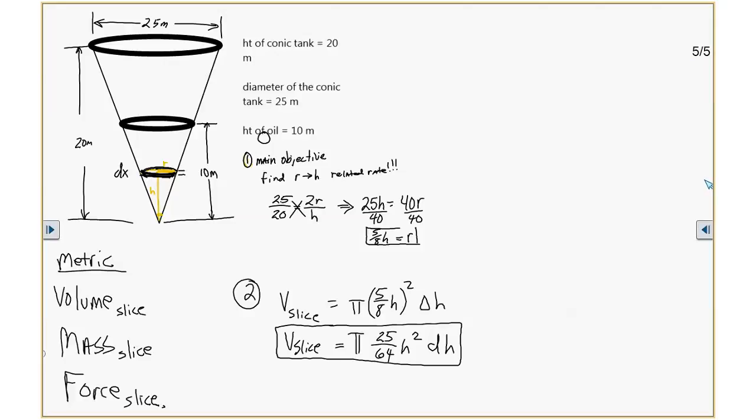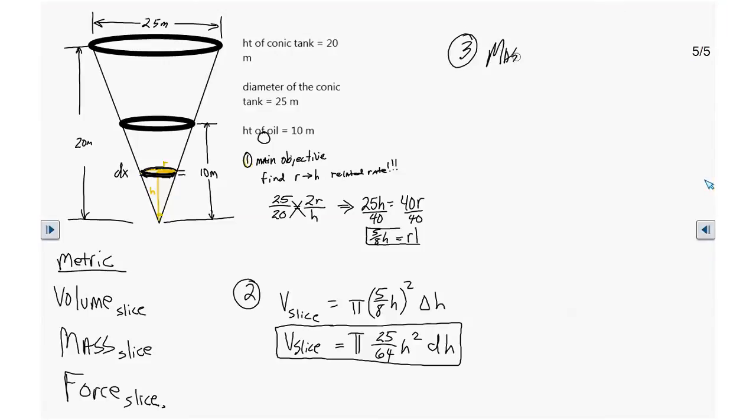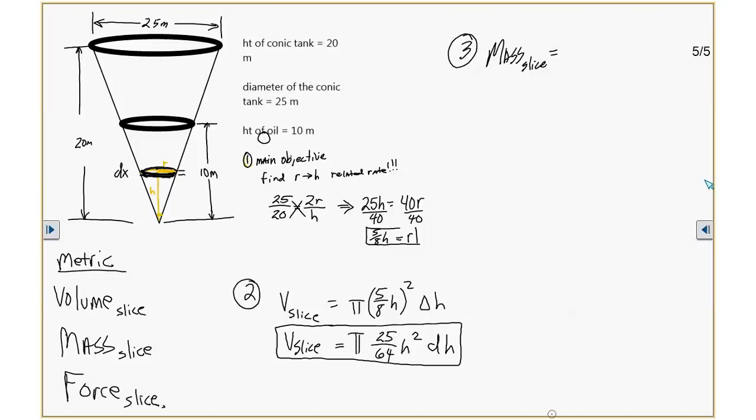The mass of the slice is equal to the 800 times this. What you're doing is building your antiderivative, using the volume, mass, and this force.